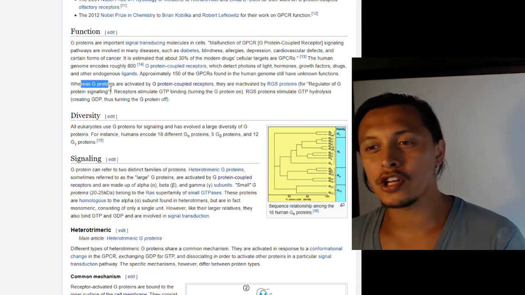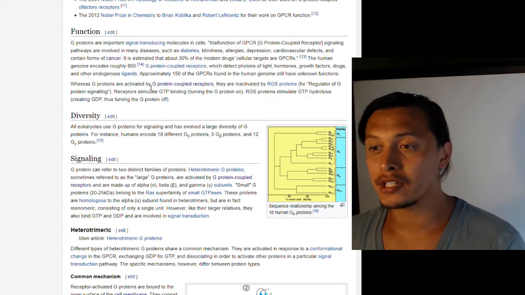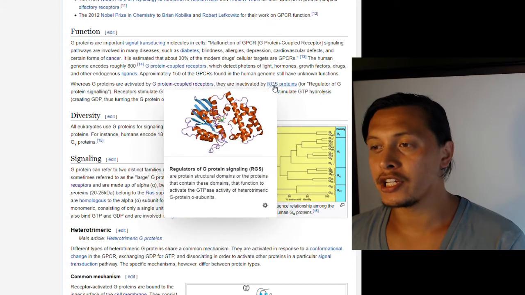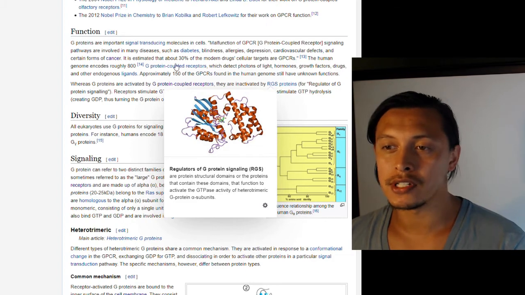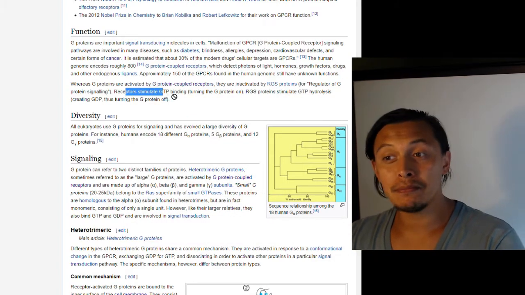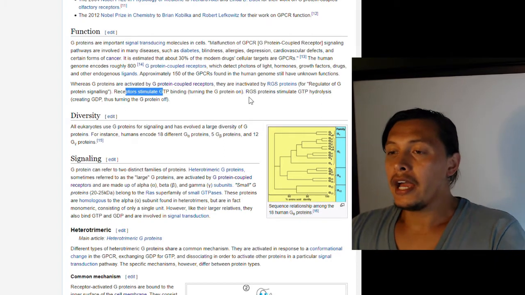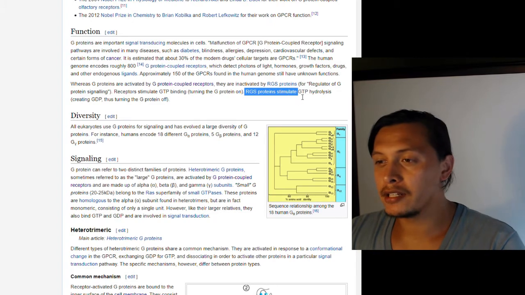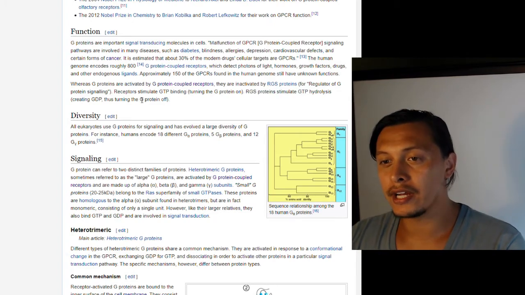Continuing, whereas G proteins are activated by G protein coupled receptors, they can be inactivated by these RGS proteins, also known as the regulators of G protein signaling. These receptors stimulate GTP binding, and these RGSs promote GTP hydrolysis, creating GDP.